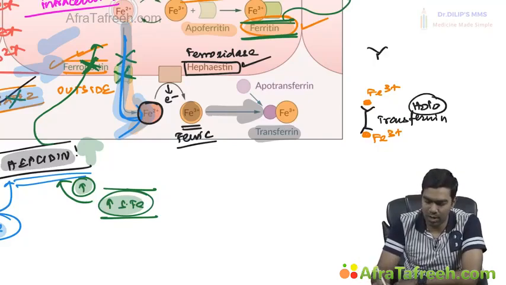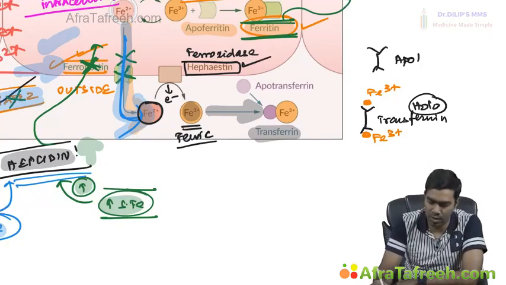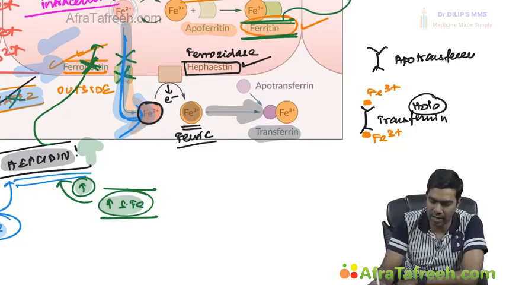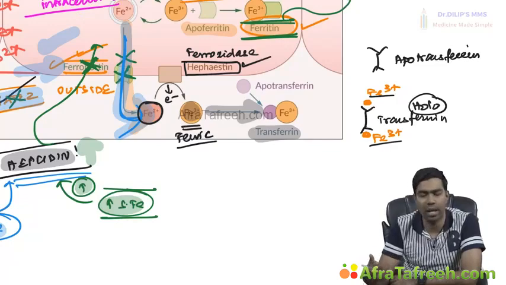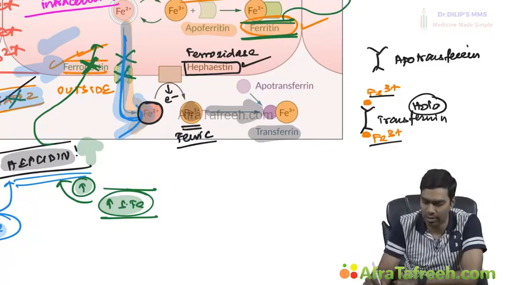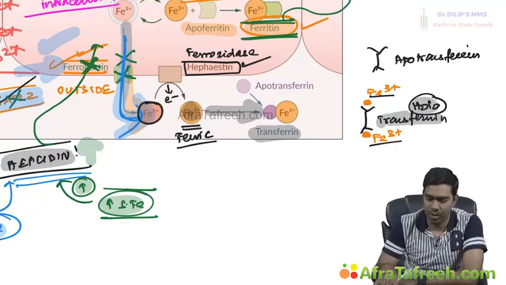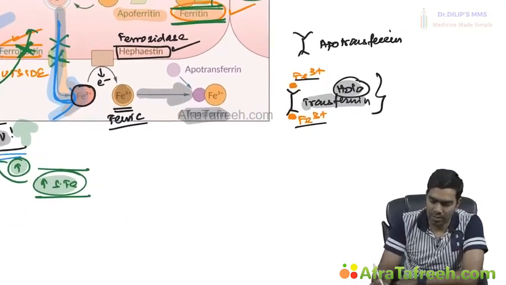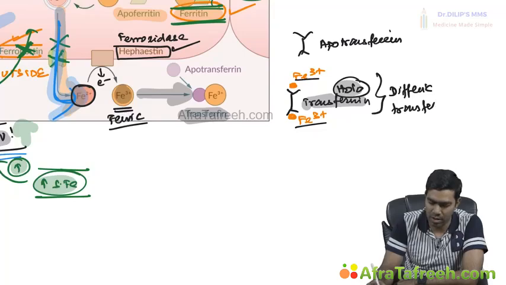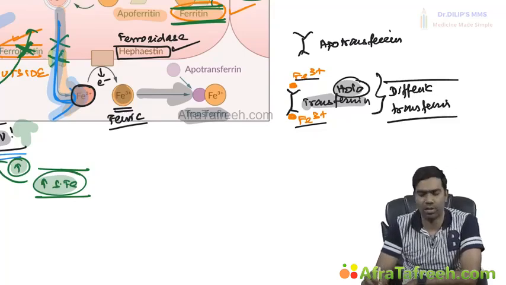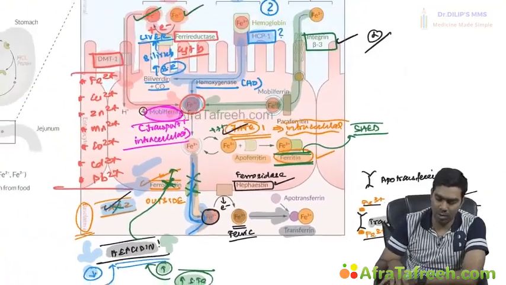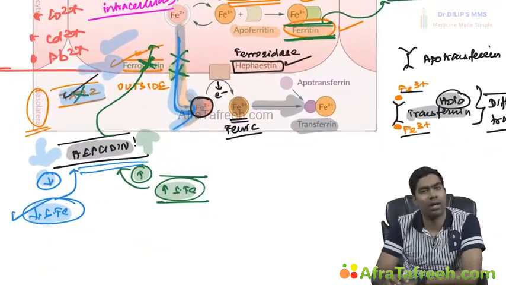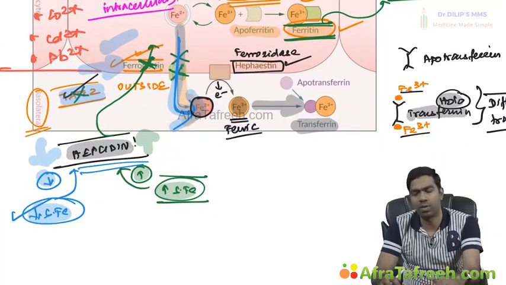Without iron, a transferrin molecule alone is what we refer to as apotransferrin. Because one transferrin can carry two ferric ions, you can call it holotransferrin, which is otherwise called diferric transferrin. Both are the same. So this is the iron absorption and transport in the body. I think you have got it by now.